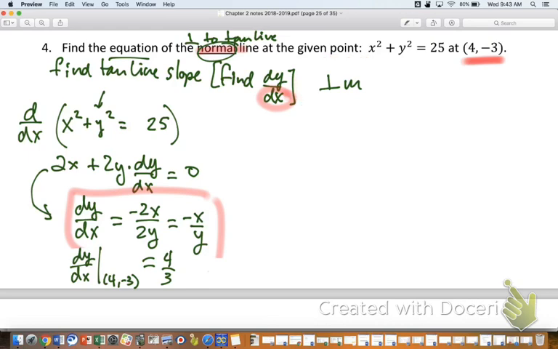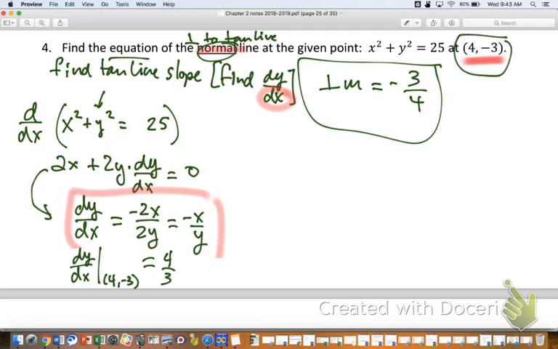This is one way you could do it. Perpendicular slope is equal to -3/4. Once you've got that and your point of tangency, hopefully this is a pretty quick finish. You could write y minus -3 equals -3/4 times x minus 4. That'd be the equation of your normal line.